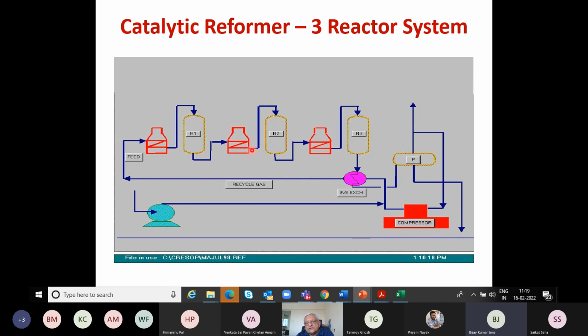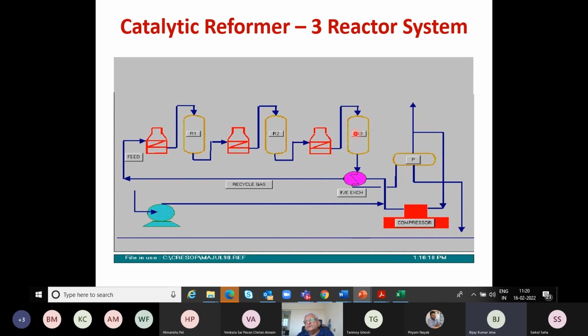The outlet from this furnace goes into a second reactor, where again the reactions take place which are endothermic. And so you get a drop in temperature again, which is recovered in the third furnace, which is again an interheater, and then into the third reactor. So generally we have a 3-reactor configuration, and I'll explain to you why we have a 3-reactor configuration.